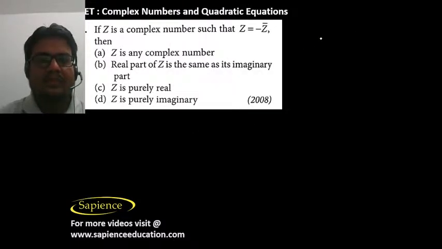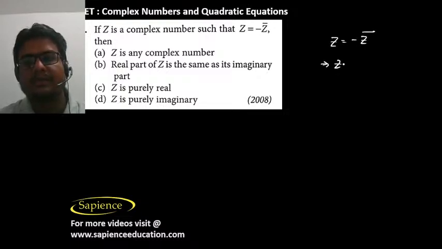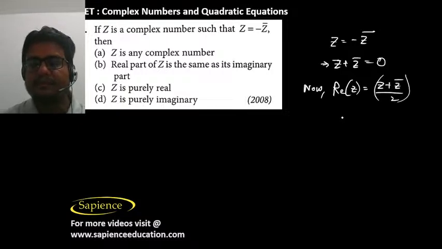Then it is told that z is a complex number such that z is equal to minus z bar, which means that z plus z bar is equal to 0. Now we know that the real part of z is (z plus z bar) divided by 2. Since this is 0, 0 by 2 is 0.